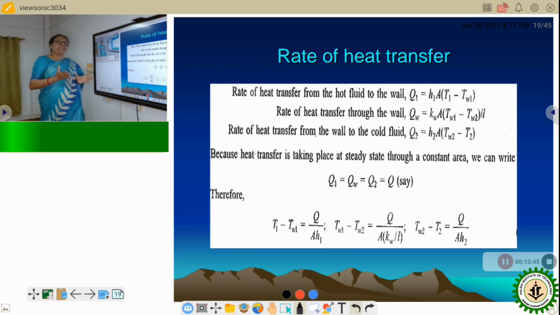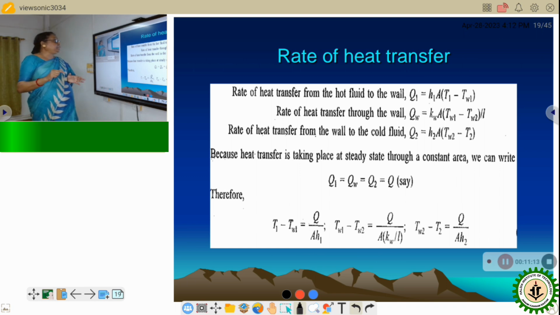Capital Q1 is related as small h1 into capital A into capital T1 minus TW1, where the rate of heat transfer through the wall is given by capital QW, that is given by Km, the conductivity of the metal of the pipe, capital A is the surface area, and the driving force is TW1 minus TW2.